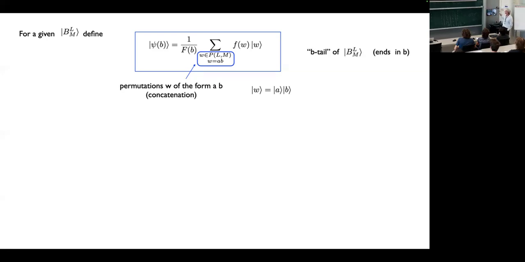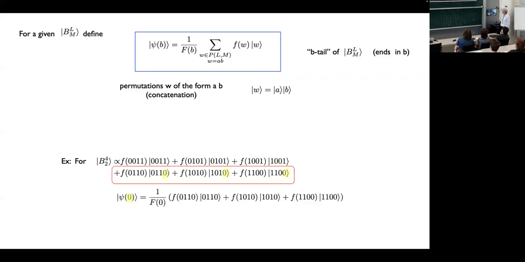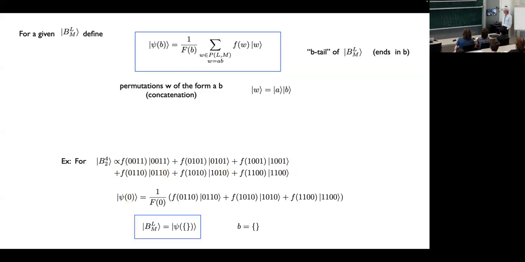I call this the b-tail of the Bethe state because it ends in b, and F of b is just a normalization that makes sure this is correctly normalized. For example, for this B_4,2 I showed you on the previous slide, you notice that all of these end in 0. So the 0 tail is given just by the sum of these 3 terms, correctly normalized. In particular, if my tail is the empty set, then I get the whole Bethe state, B_L,M.